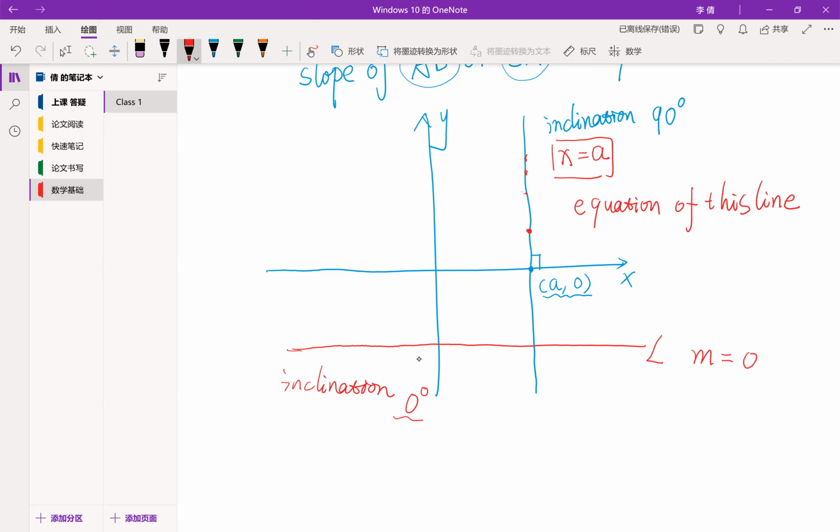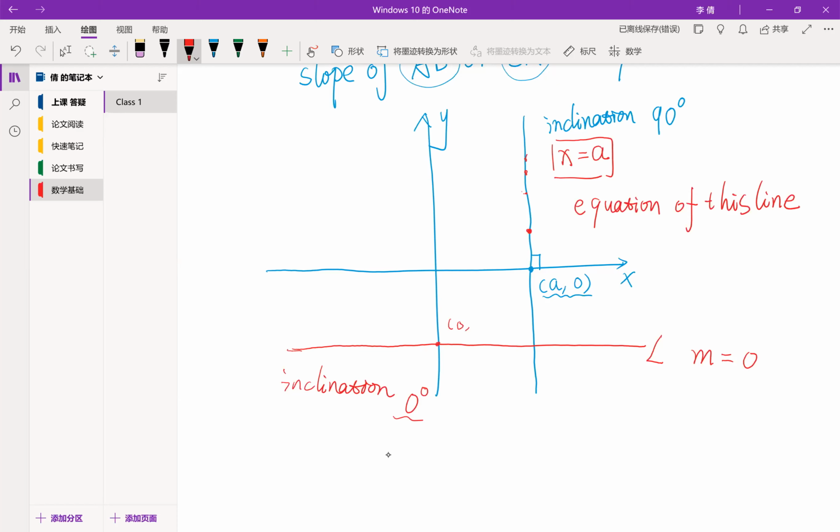And then let's say this line passes through this point, and the ordered pair of this point is (0, b).